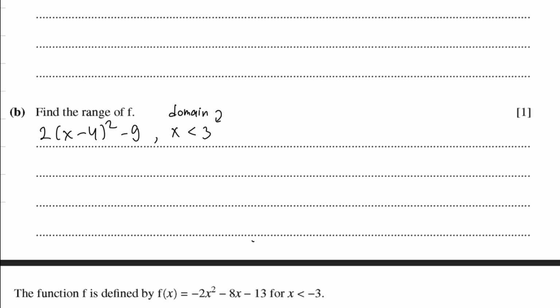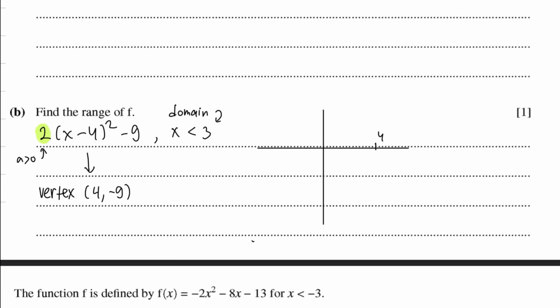And then we do the vertex analysis. So the vertex is (4, minus 9), right? So because the graph is facing up, because your a is positive number, yeah, this is your a positive, means that when you plot the graph, it looks like this.